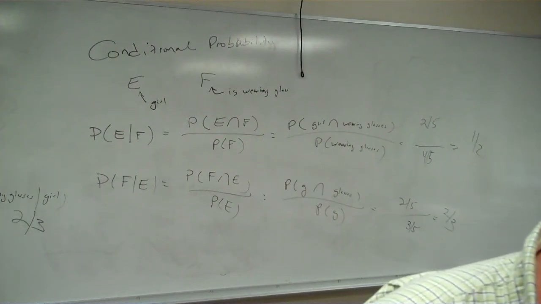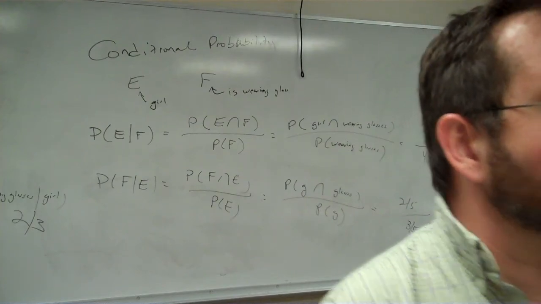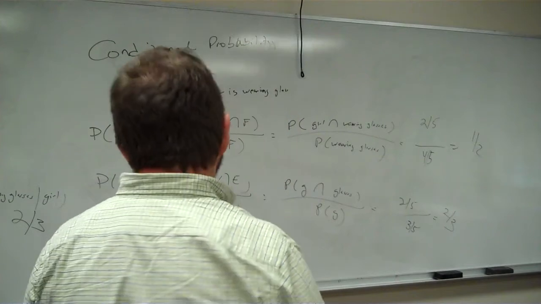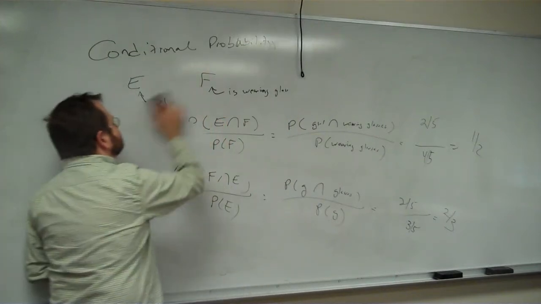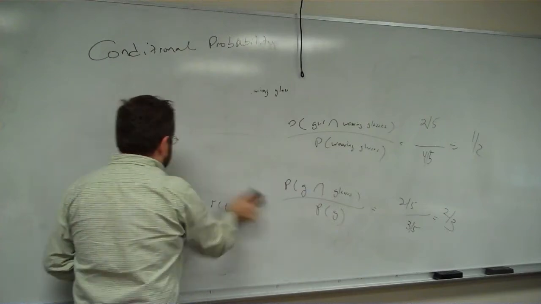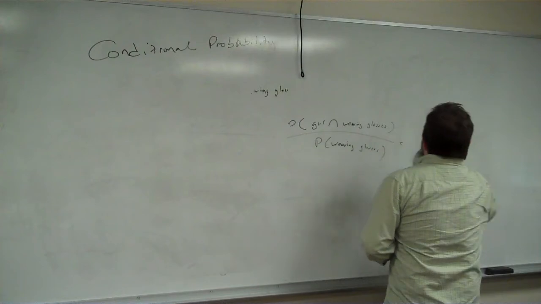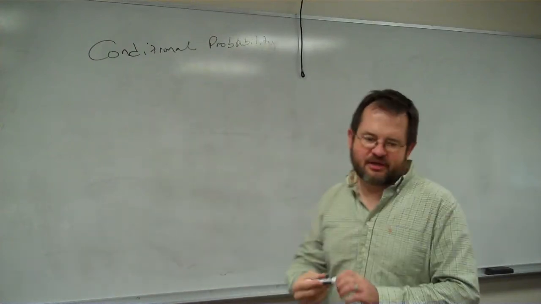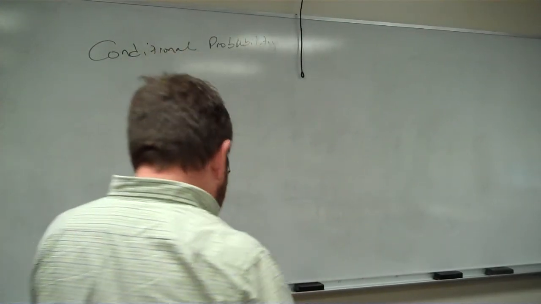All right. Now your book makes a big deal here about something on page 325. On page 325, they kind of rearranged this equation, pulled one thing over to the other side and called it the product rule of probability. But you can see it's the same thing. They just sort of rearranged it.